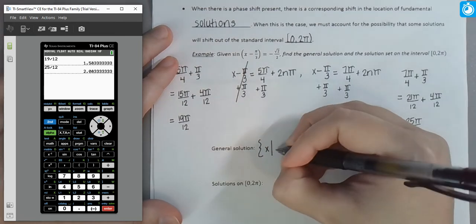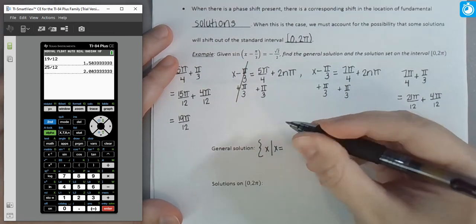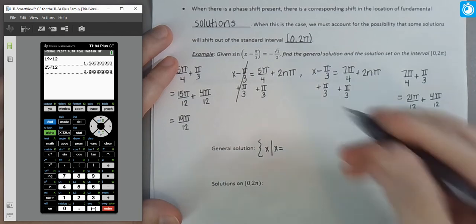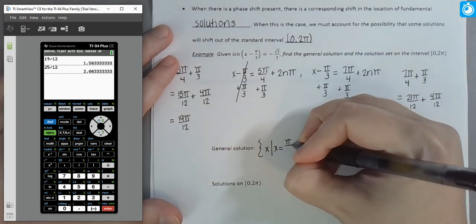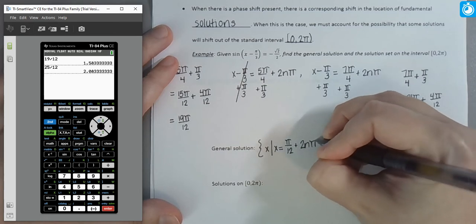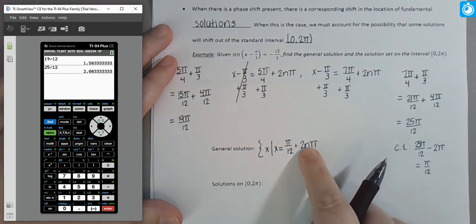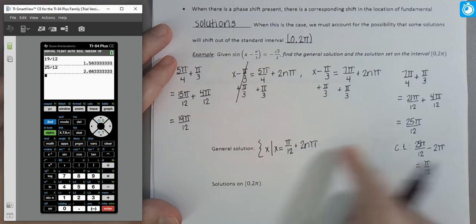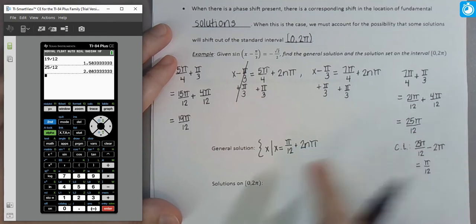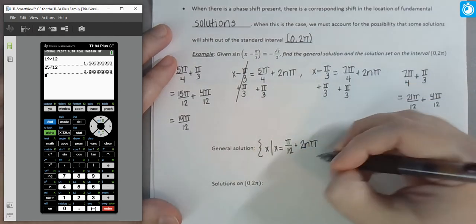So all x such that x is equal to, let's start with the smaller one, pi over 12 plus our rotations. Now if we were to let this be 1, that would be pi over 12 plus 24 pi over 12, and we generate 25 pi over 12. So we'll generate this solution from this formula.